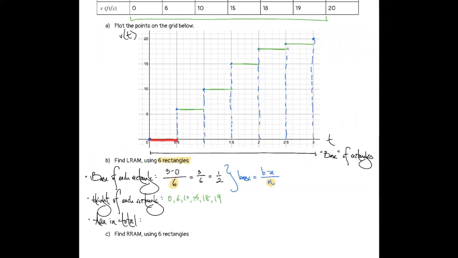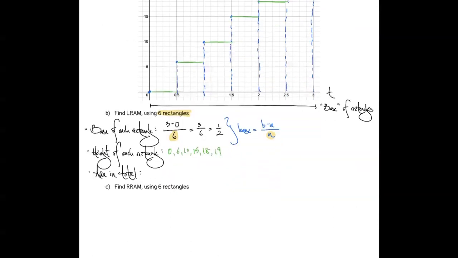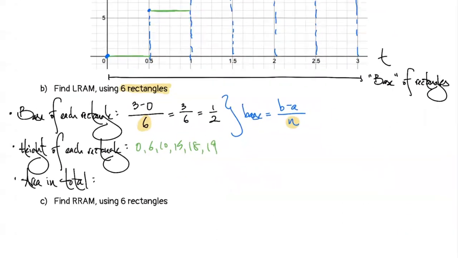We could say, find the area of this one, find the area of the second one, the third one, the fourth one, the fifth one, the sixth one, right? We have 6 rectangles. I'm going to find each area, and then I'm going to add them all up together. And if I wanted to write that out, that might look something like this.